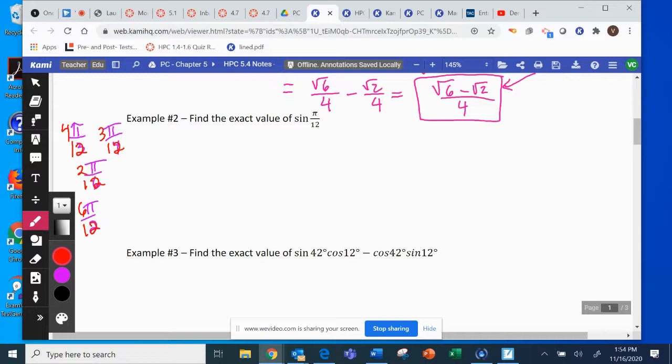Christopher? Right, I can subtract the pi over 4 minus the pi over 6, right? Okay, so I'm going to rewrite this as sine pi over 4 minus pi over 6.